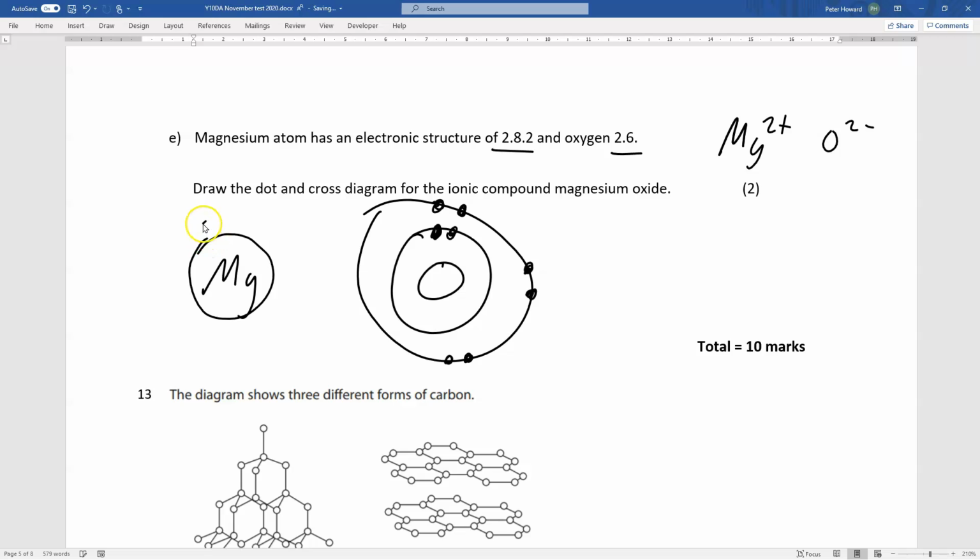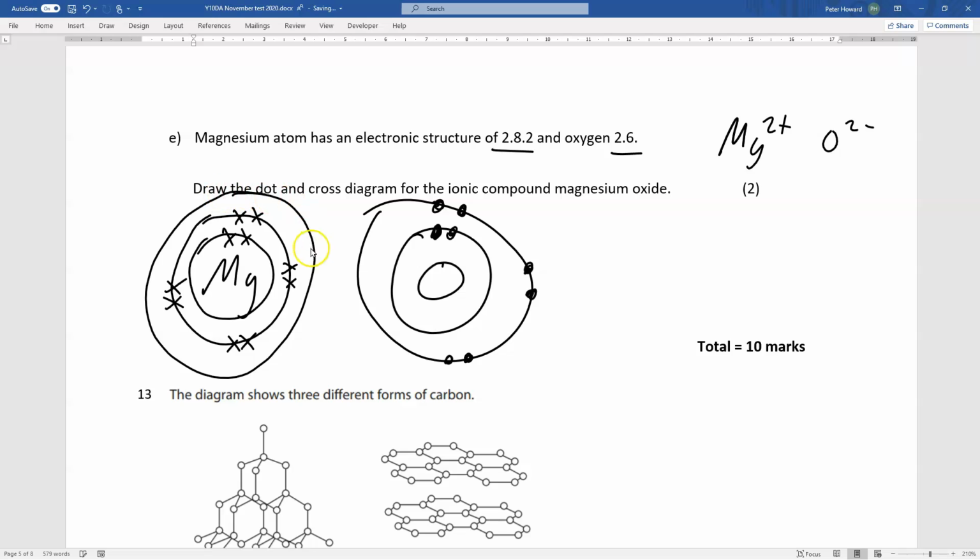So we draw magnesium, draw its shells. 2 in the first shell, 8 in the second shell, just using the information provided up here. Final shell has 2 electrons in its outer shell.